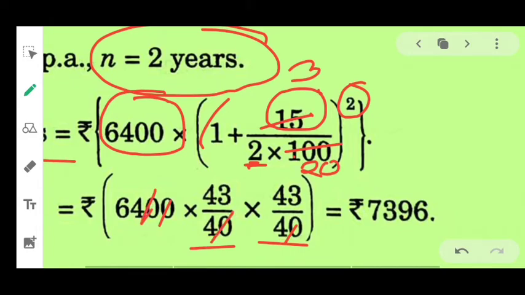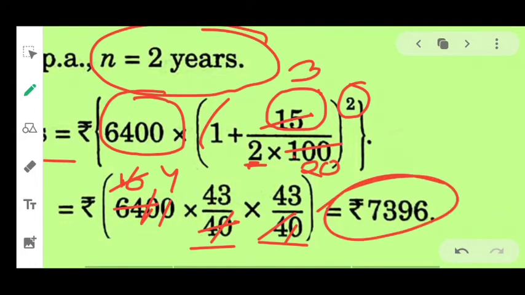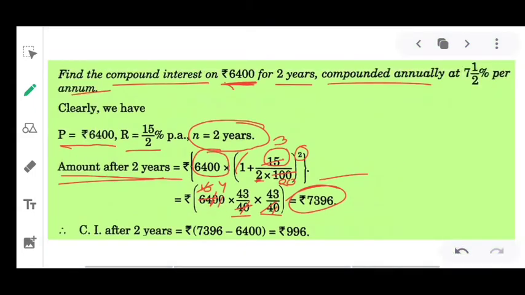Then 4 1 is 4, 4 6 is 24, then again 16 by 4 will be 4. So 4 into 43 into 43, that will be 7396. So that is the amount after 2 years.